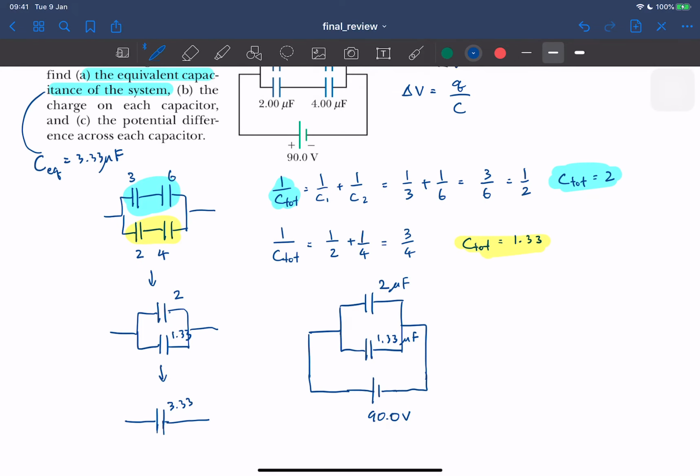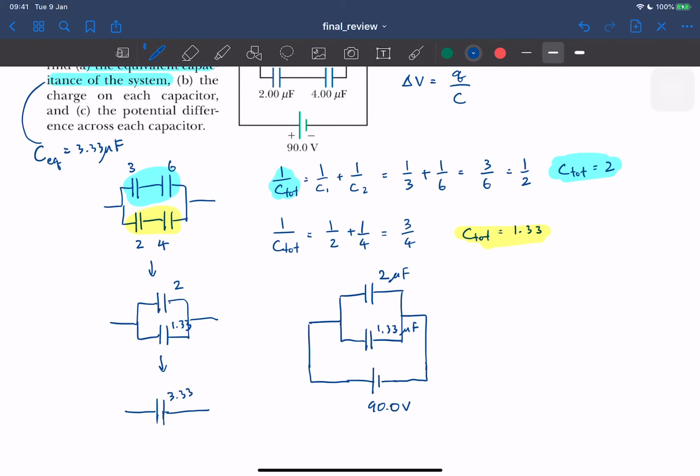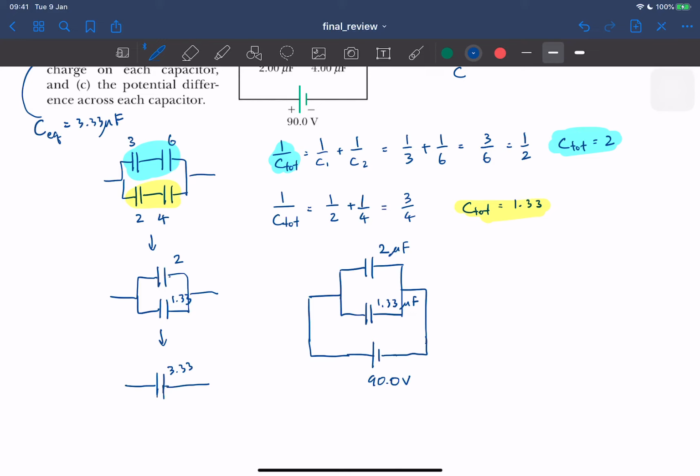So I want to find the charge on each capacitor. If you have two capacitors connected in parallel like this, they have the same voltage difference. So these two have the same voltage difference, which is 90 volt.